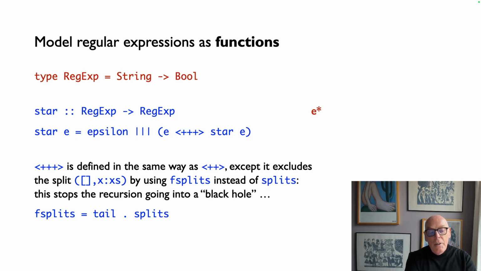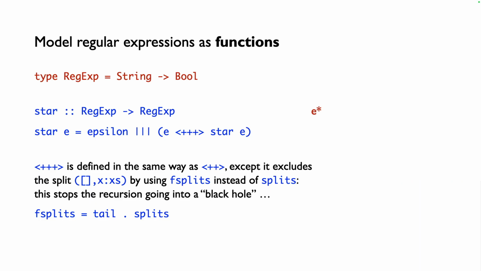So we use a similar definition to the previous concatenation, but except that we use F splits, which exclude the split where the first half is empty. And we do that just by composing splits with the tail function. So that gives us our final regular expression.